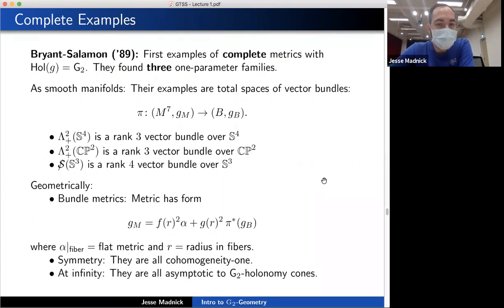And at infinity, these are all asymptotic to G2 holonomy cones. So these are models of a desingularized G2 holonomy cone. And we'll talk more about G2 holonomy cones next lecture. I know I'm hinting at many things we'll talk about next time. Okay, so these are very fundamental examples.